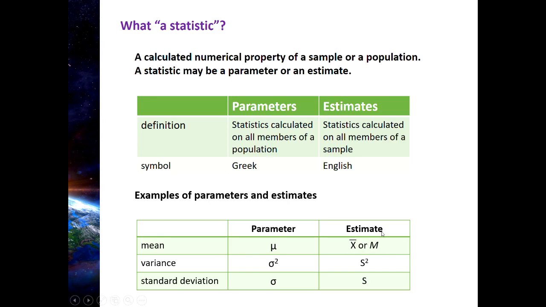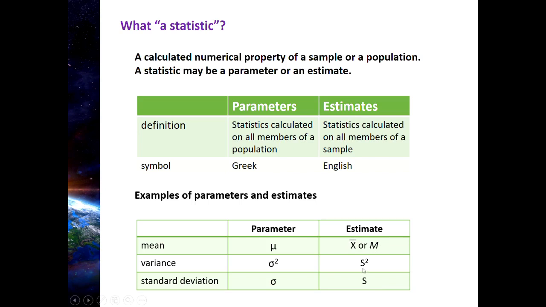So in other words, it's an estimate, right? It's an English letter. I know this is not quite an English letter. It's got a bar on top, but it's an English letter, an English symbol, which means it came from a sample, which means it's an estimate. And these particular symbols represent the mean. So mean of the population, mean of the sample.